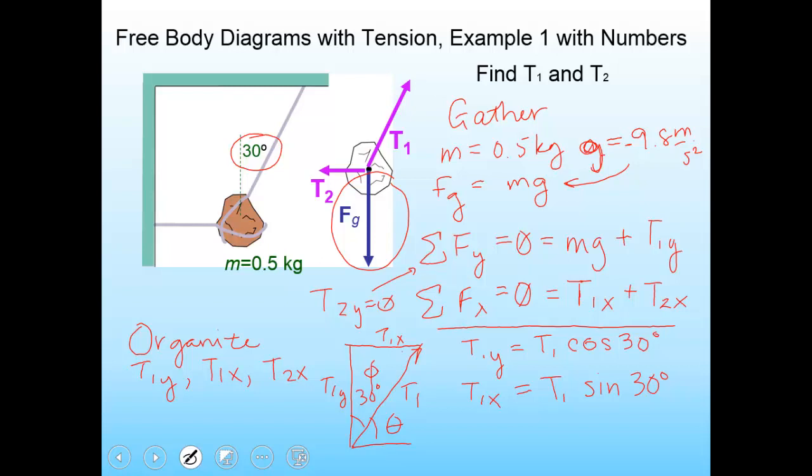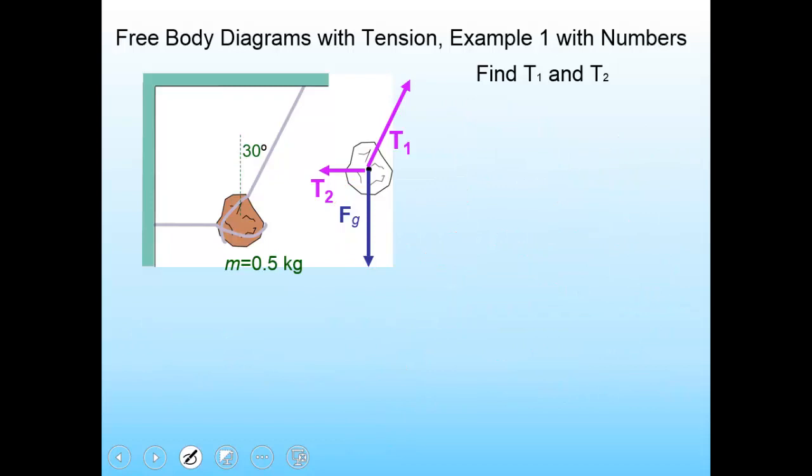Okay, so now putting all of this together, we can analyze our results. So for analyze, we have, again, 0 is equal to mg plus T1y. And so I'm going to analyze in the y direction first.